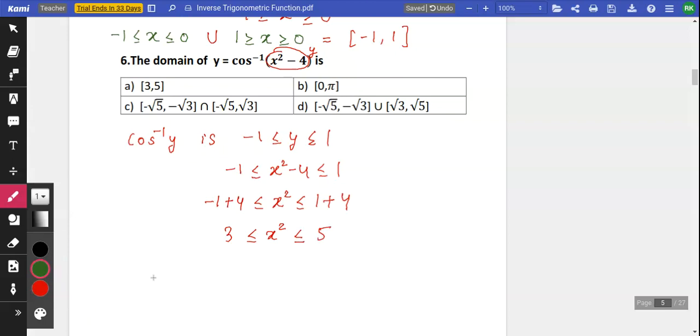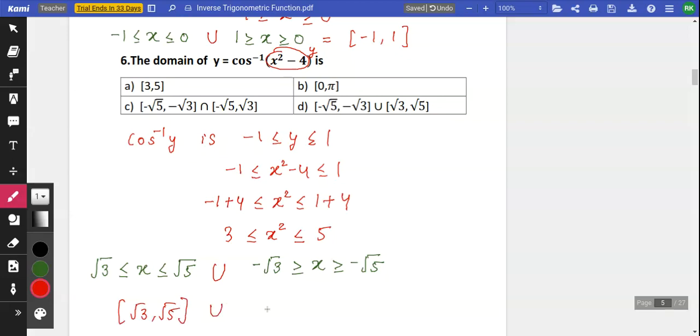In next step, take square root. After taking square root, it becomes square root of 3 less than or equal to x less than or equal to square root of 5, and minus square root of 3 is greater than or equal to x is greater than or equal to minus square root of 5. Now taking union of both terms, it becomes square root of 3 to square root of 5 union minus square root of 5 to minus square root of 3. So the correct answer is option D.